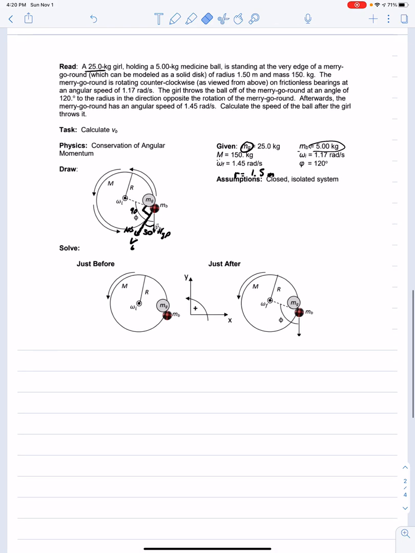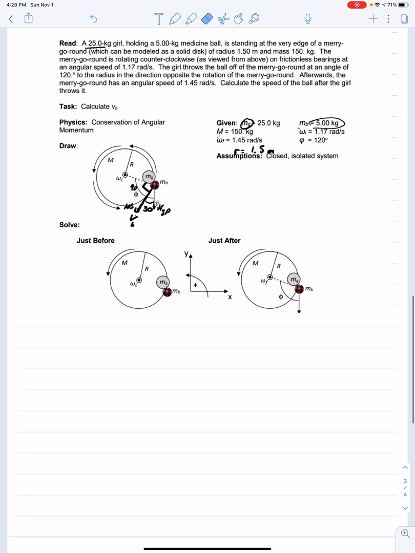Okay, so I left a lot of the components here just because I wanted you to see what's happening before and what's happening after. So notice, this time it's not that the bullet is about to reach the system, this time the system is throwing out something, and we have to consider the momentum after that ball is thrown out by the little girl. Okay?